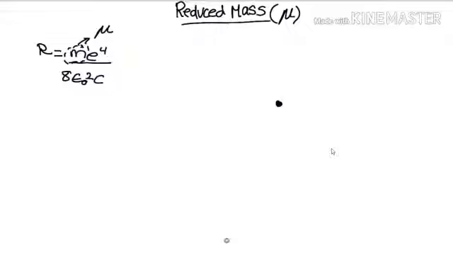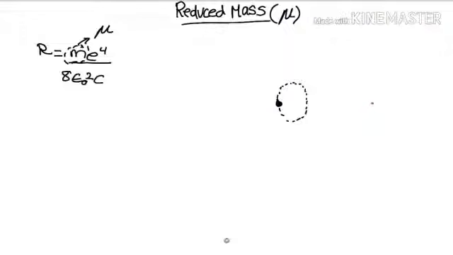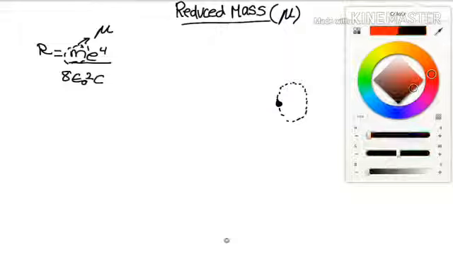Here it is revolving over here, and here is the electron. We give it a red color. This is the electron.